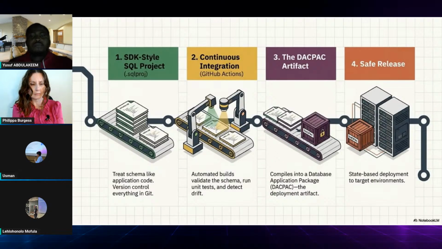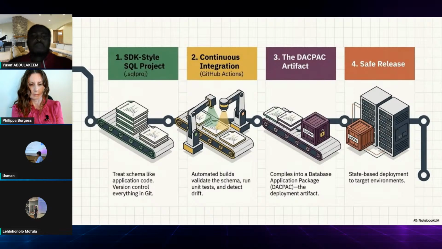So we have 4 processes. The first is the SDK style SQL projects, then continuous integration, which is used in your GitHub Actions, then the DACPAC artifacts, and the safe release. All of these treat schema like application code, with version control for everything in it.